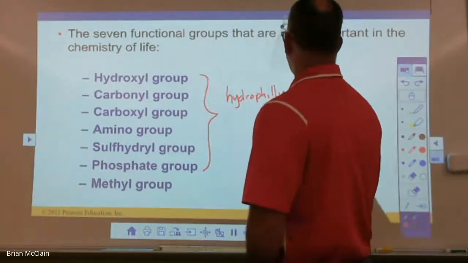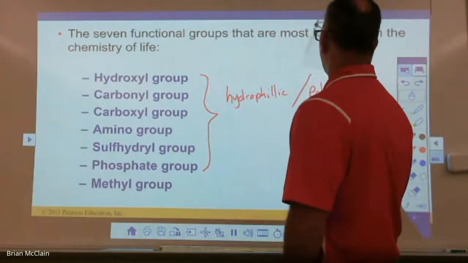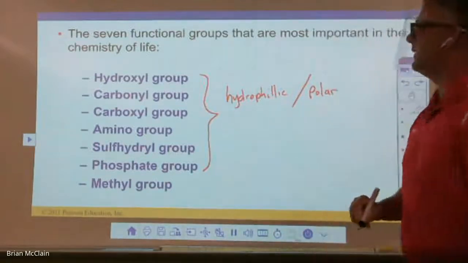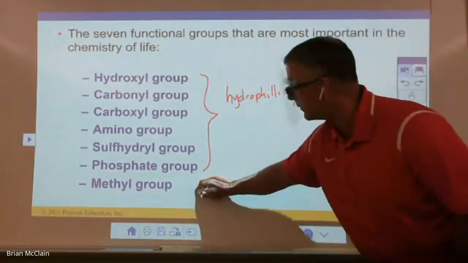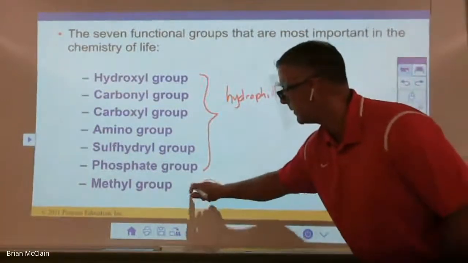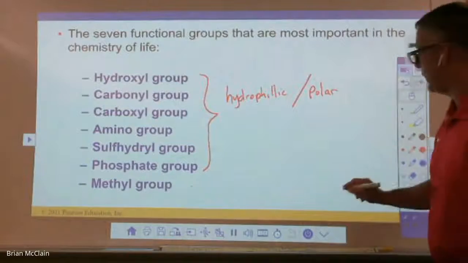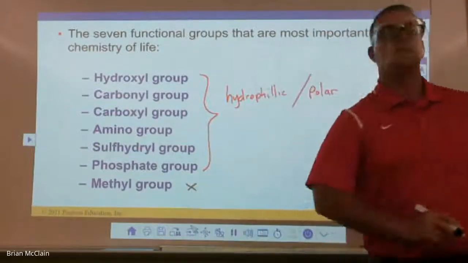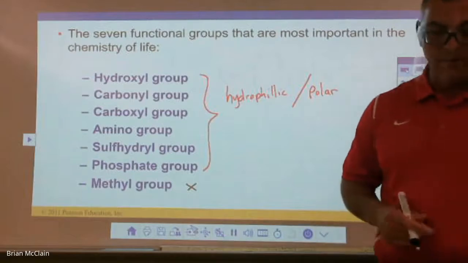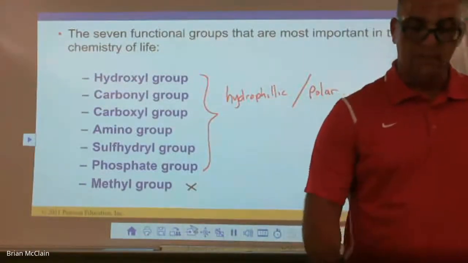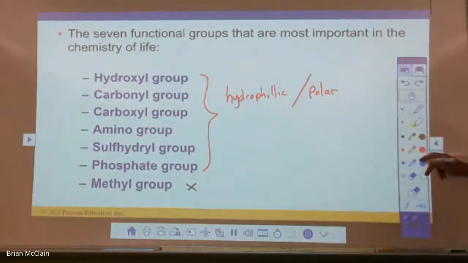It's also going to indicate that they have polar components. All right, so these are all going to be polar, and this is the one exception to that group right here. So the methyl group, as we're going to find out, is ultimately going to be nonpolar in terms of its properties.